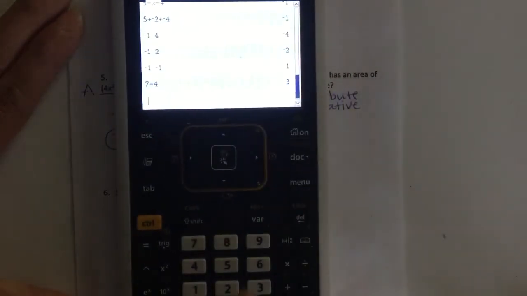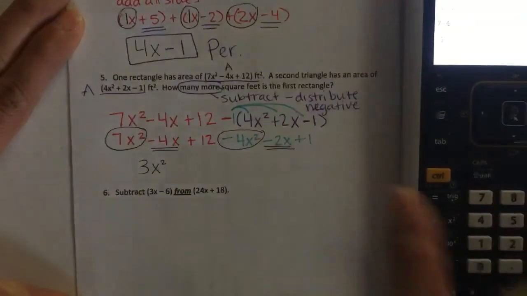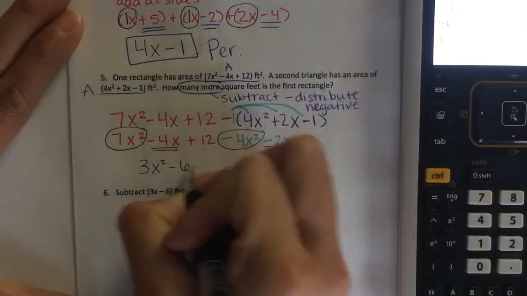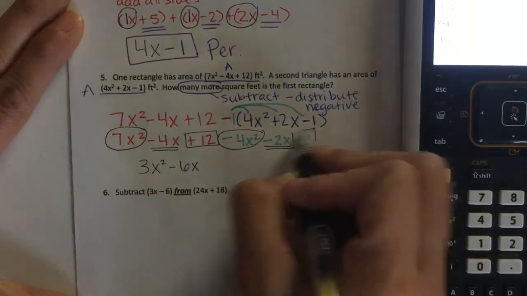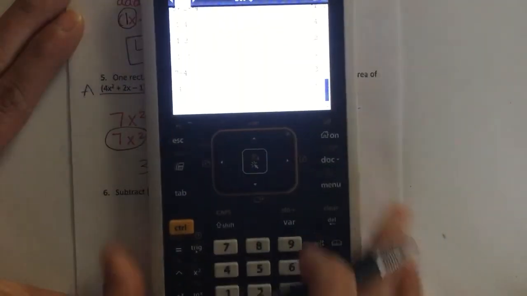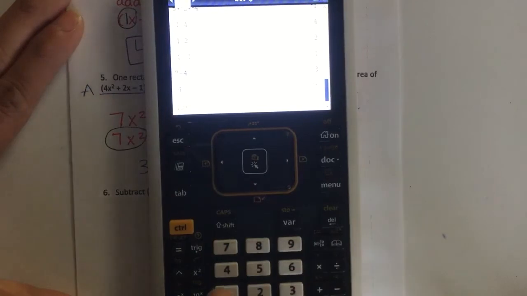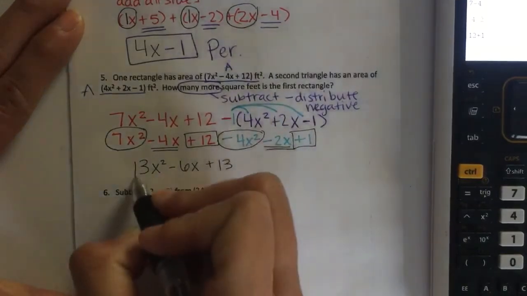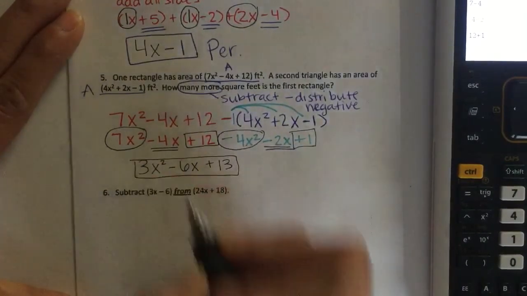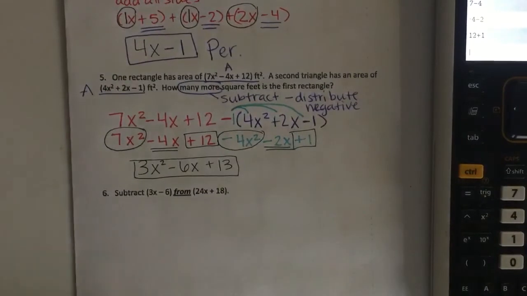So negative 4 minus 2, negative 6x. Now you take a positive 12 plus 1, so you take 12 plus 1, 13. So plus 13. This is your final answer. That's how you subtract it.